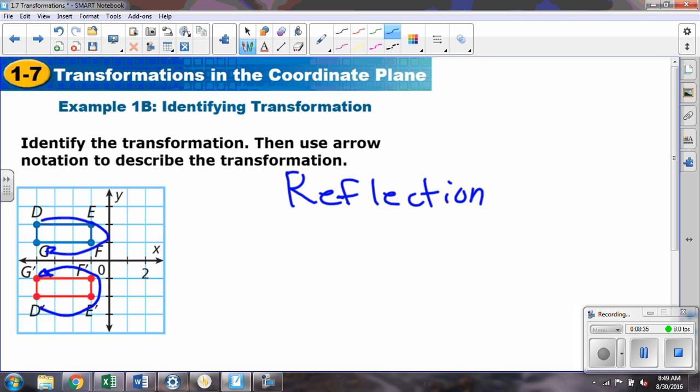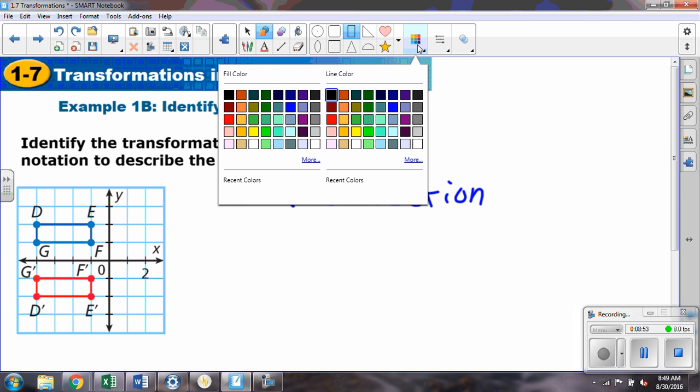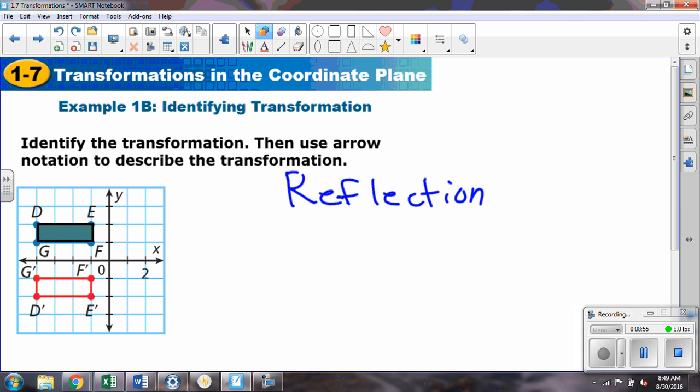And I did hear a couple of students say, oh, that's just a translation. Looking at it where we can just slide it downward. You've got to be careful because if we were to take just the rectangle, and let me use a fill color on this one, if we were to simply take the rectangle, we could slide the rectangle downward and match up the shape. That would be a translation.